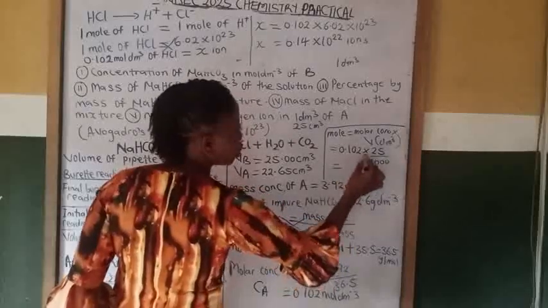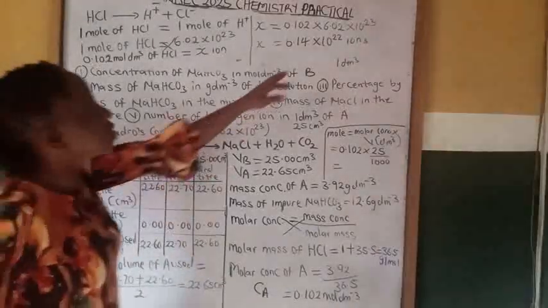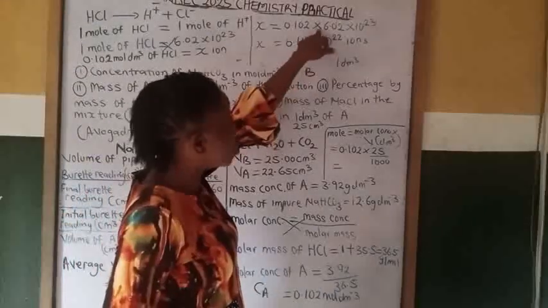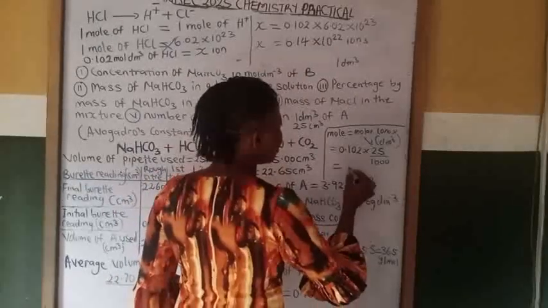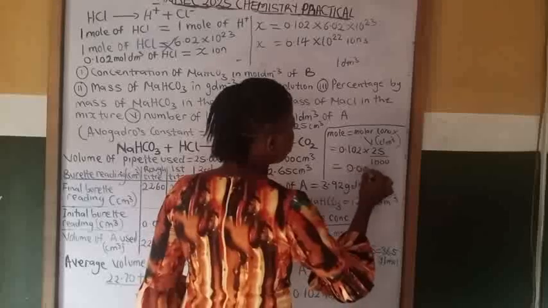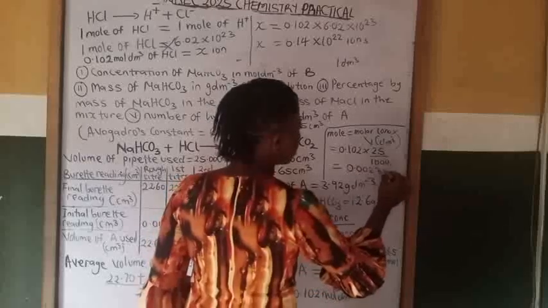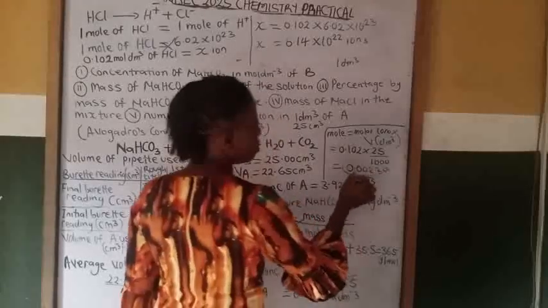Whatever you get here is what you are going to use to multiply your Avogadro's number. Let's assume that our answer here is 0.00234.